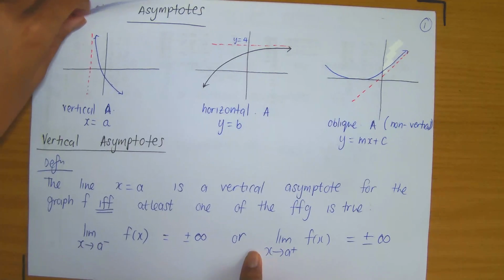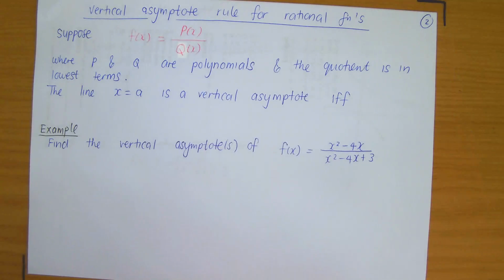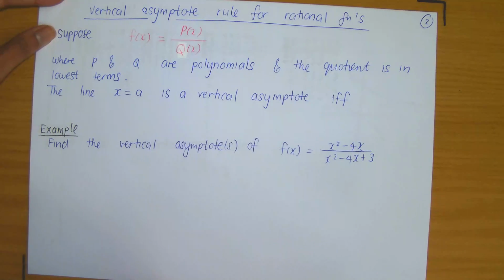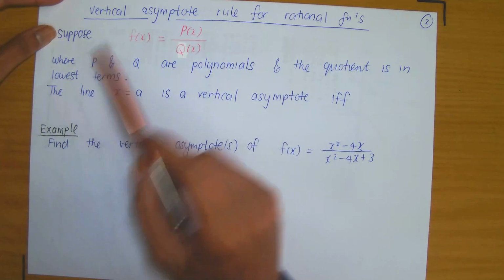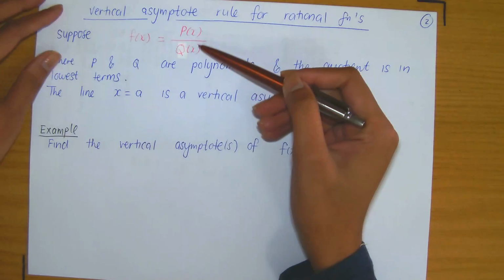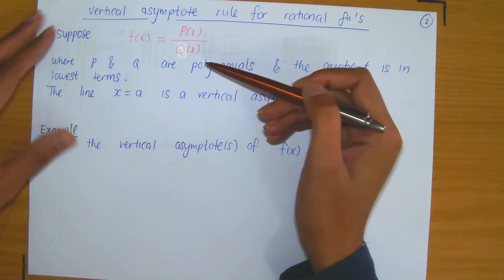Luckily we have the following neat procedure to determine the vertical asymptote for rational functions. What is a rational function? A rational function is a quotient of two polynomials, a polynomial p over a polynomial q.